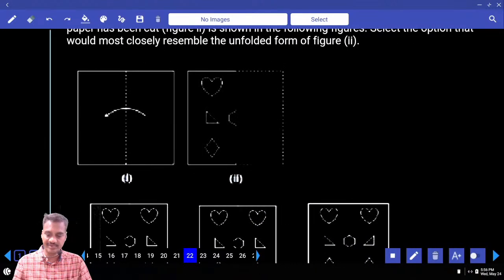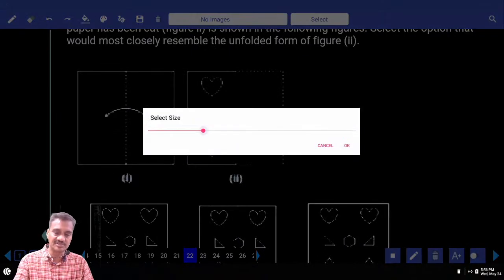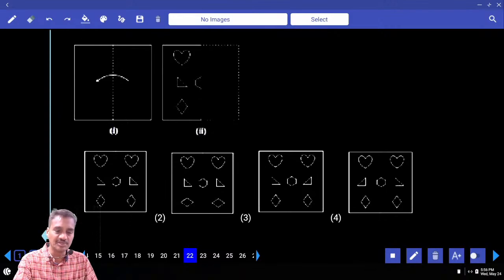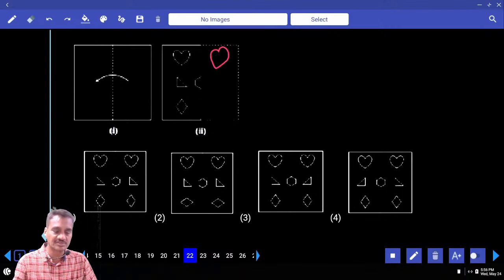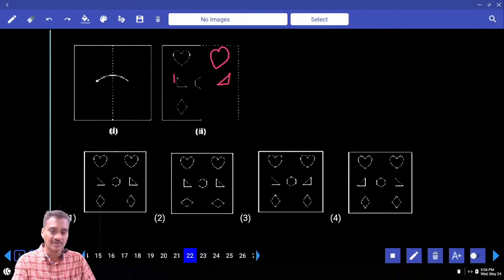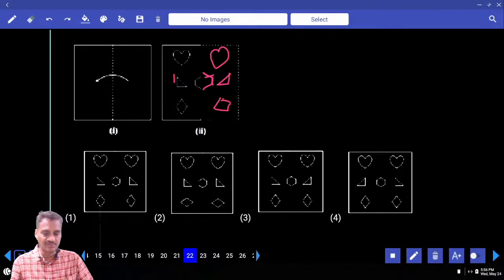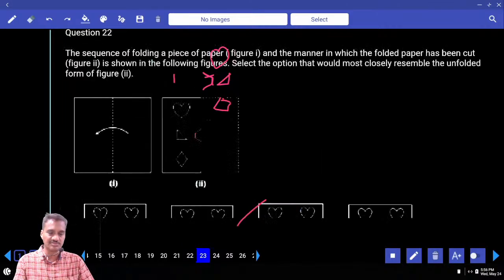If you open it like this, which image does it come under, mirror image or water image? Mirror image. In a mirror image, this symbol will be as it is. And the next one, which is at the left-hand side, must be at the right-hand side. This element must be towards the other side, isn't it? Not towards like this. And again this will be present somewhere here. Then what is your answer here? Choice 3, question number 22.